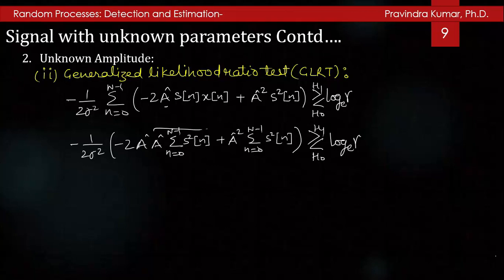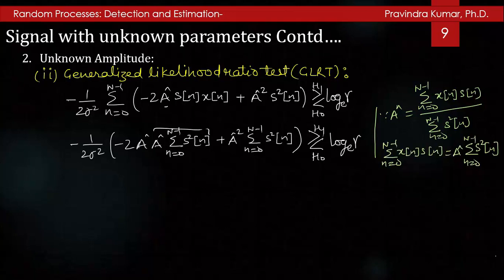This is because A hat is summation x[n]s[n] divided by summation s squared[n]. So from this, summation x[n]s[n] equals A hat times summation s squared[n]. After putting this in, you will get this expression.